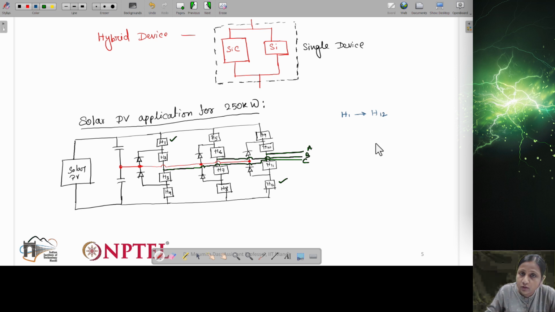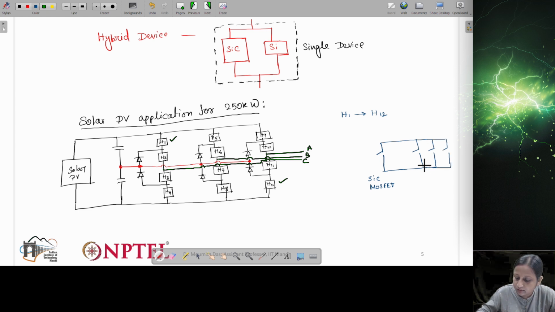There are actually 4 devices which are connected in parallel. So one is here, this one is a silicon carbide MOSFET. This is connected in parallel with silicon devices. So these 3 silicon devices are connected in parallel.